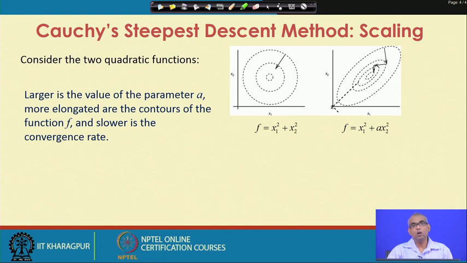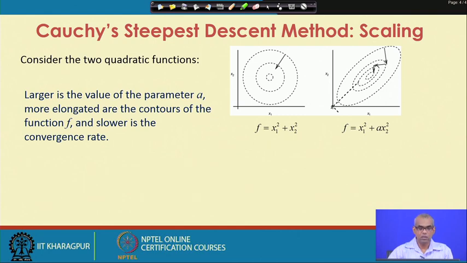We want to make another comment on steepest descent method. This is about scaling. Let us consider two quadratic functions as shown in the figure. The first one is x1 square plus x2 square, and you can see the contours are all perfectly circular.